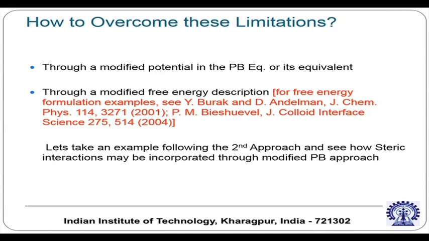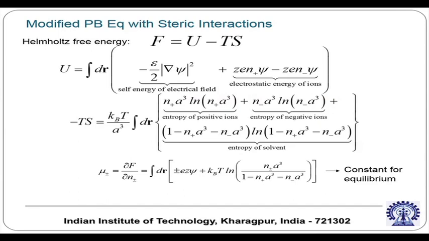Through a modified free energy description, we can start with the fundamental free energy itself, and then we can find the derivative of the free energy and set it to 0 to set the condition for equilibrium, and then we will get some modified version of the Poisson-Boltzmann equation. So as an example we take the second approach, that we modify the free energy. I will give you one particular example of how to take into account the finite size of the ions.